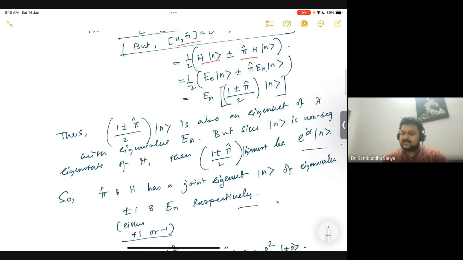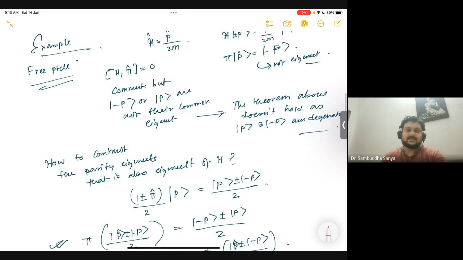So now it tells me that (1 ± Π)/2 |n⟩ is also an eigenstate of H with eigenvalue E_n. Since |n⟩ is a non-degenerate eigenstate of H, this object is exactly the same as |n⟩, or at most it is e^{iα}|n⟩. These are the only two possibilities because I started with non-degenerate, and that constitutes the proof that Π and H have a joint eigenstate |n⟩ with eigenvalues ±1 and E_n respectively.